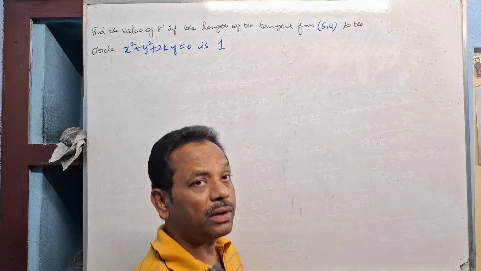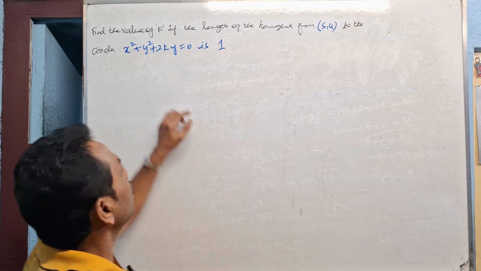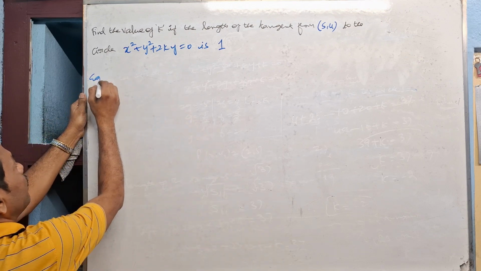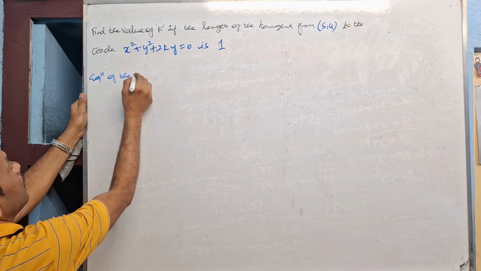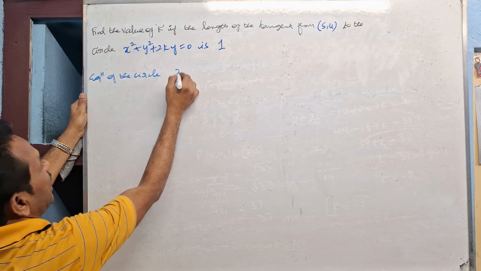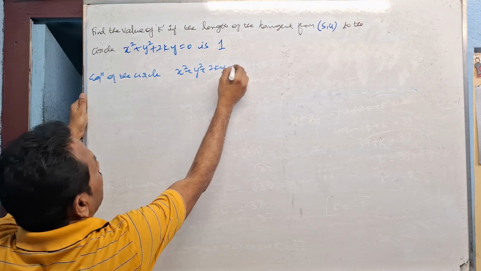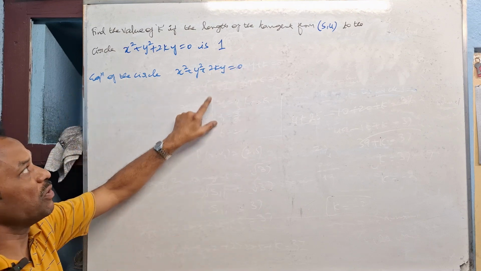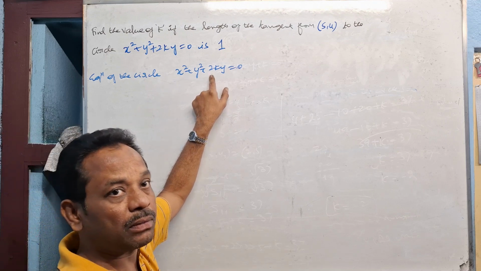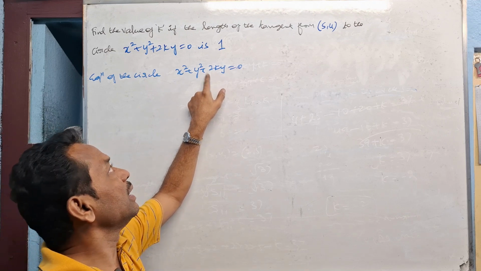Bacho, this sum is similar to the previous question. Now here our circle is x square plus y square plus 2ky equal to 0. Bacho, observe carefully, there is no x term and constant in the given circle.